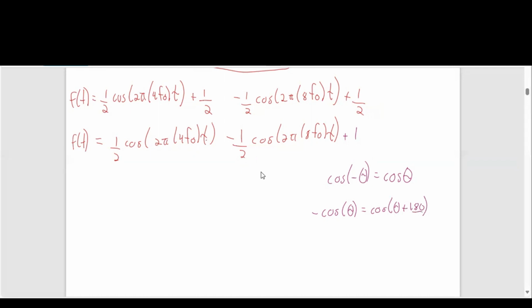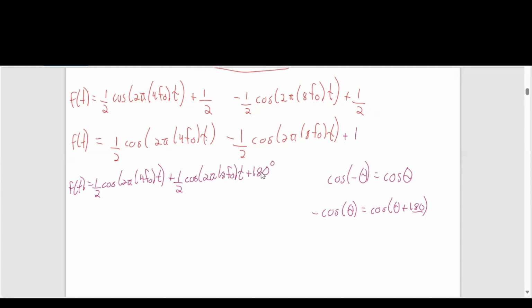We will have to add basically to the phase part of the question, right? So we could rewrite this f of t as a half plus a 2 pi 4 f naught t, and this will be a plus a half, which is what we want. So it'll be 2 pi 8 f naught t, and we need to add 180.